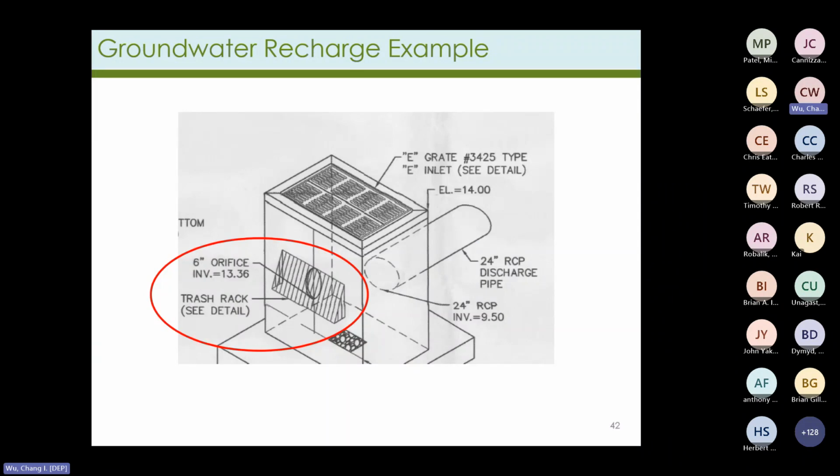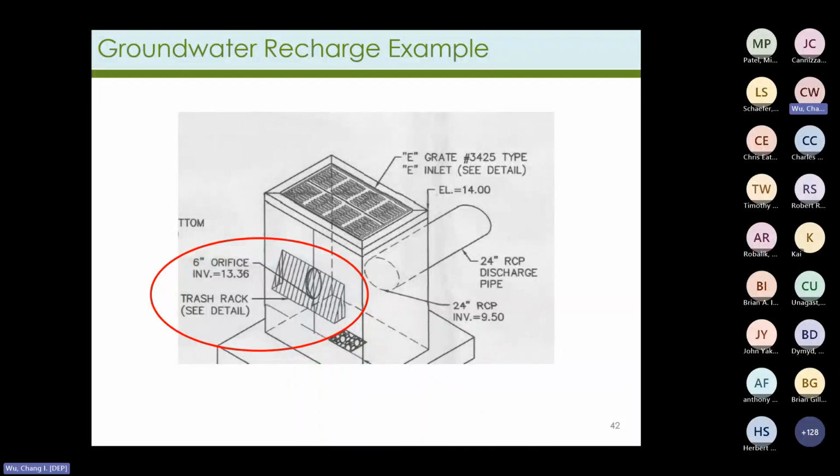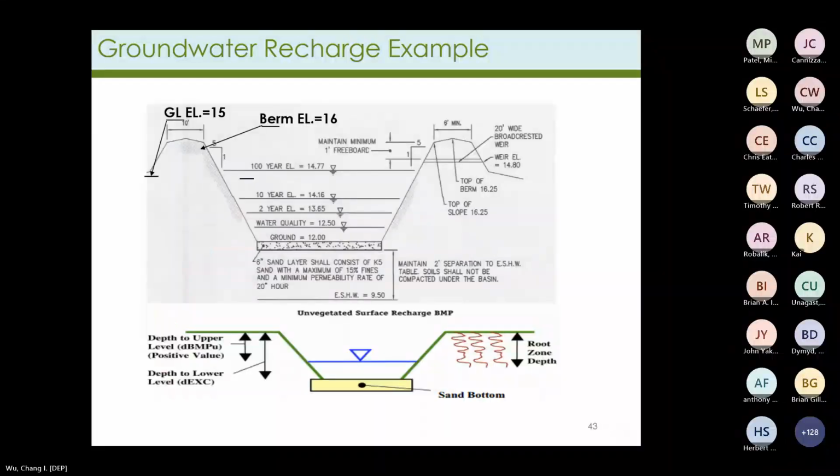But you can see that for the 6-inch orifice, the lowest orifice of this outlet control structure is at a level a little bit higher than the water quality design stone. So we have to use this elevation as the maximum water level. So for this one, the DBMP is the vertical distance from the vegetated ground surface to the maximum water level in the BMP.